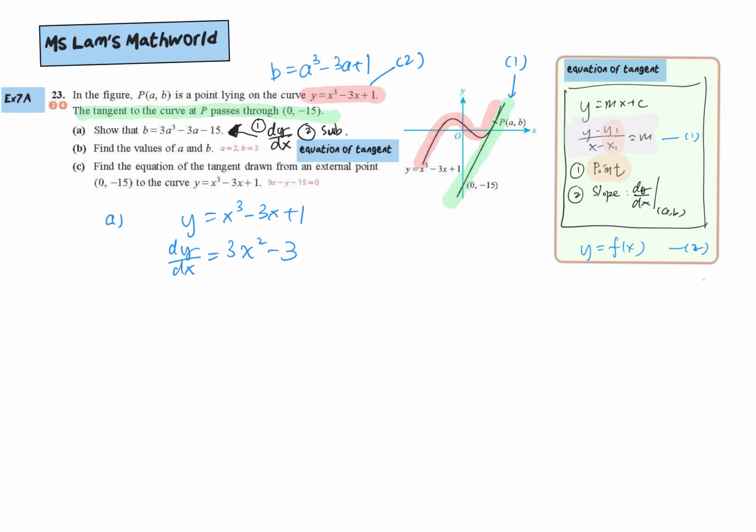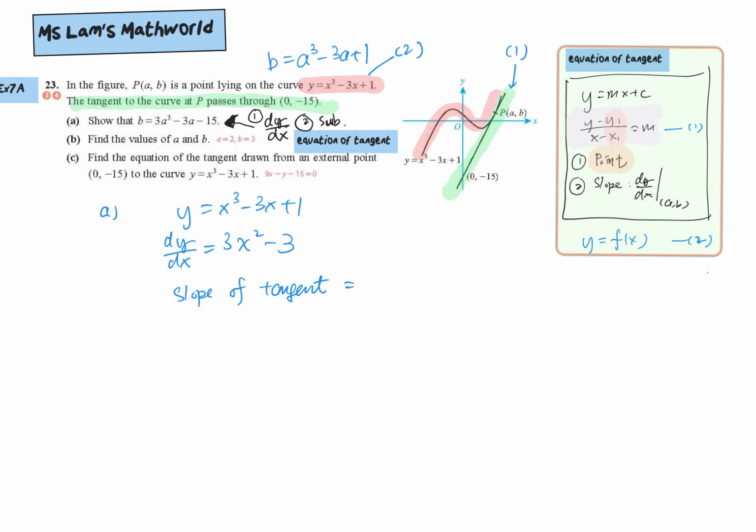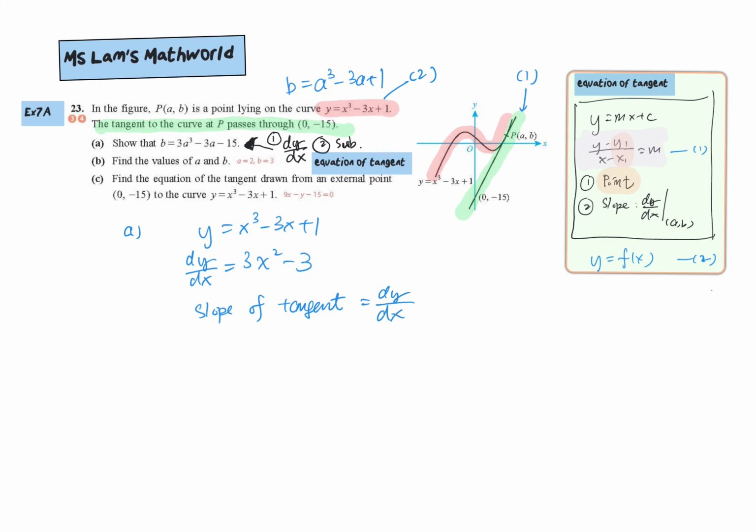That means we get the same slope. So the slope of tangent is equal to dy/dx at point (a, b), which is 3a squared minus 3. So we have the slope of tangent again. The slope is equal to, using the two-point form, (b minus -15), that means b plus 15, over a minus 0.